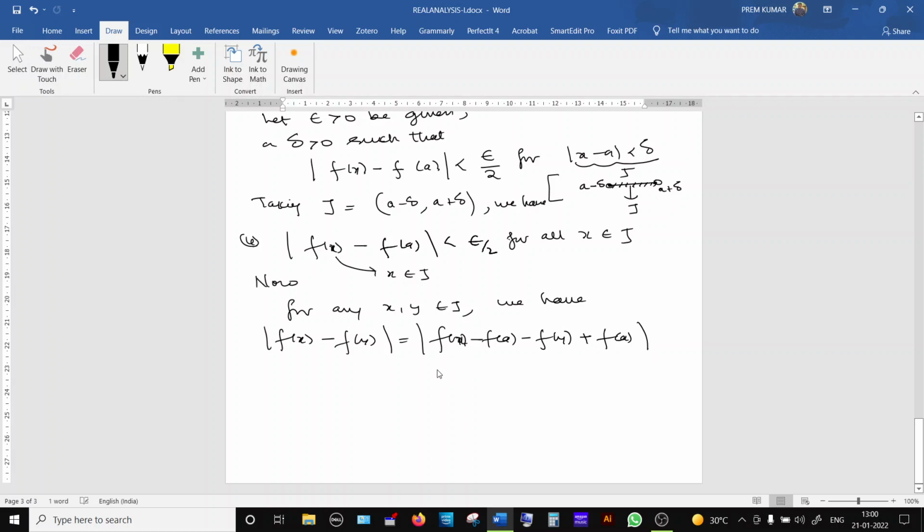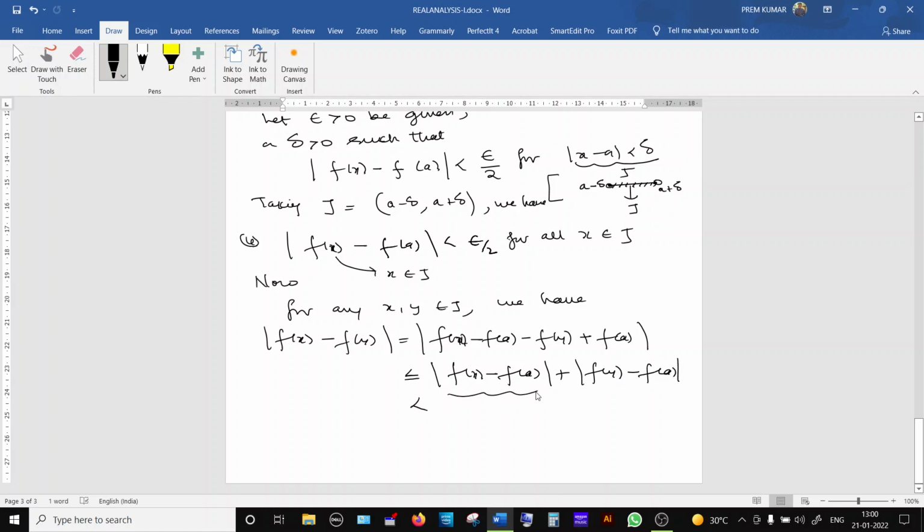That's all. This is nothing but, by using the triangle inequality, f of x minus f of a plus f of y minus f of a.